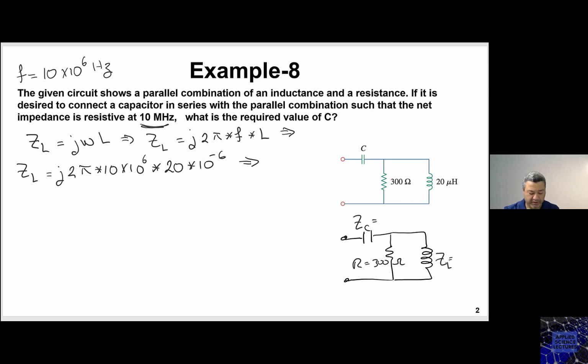So ZL is j 120 times 20, which is j 400 ohm. So this is the impedance for the inductor, j 400 ohm.